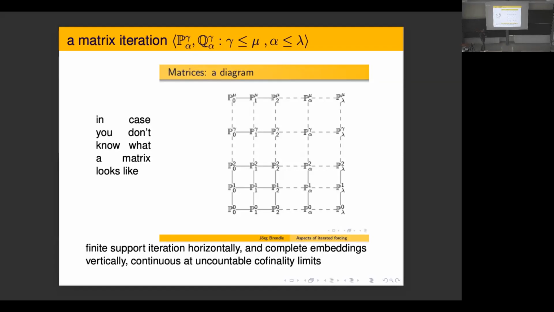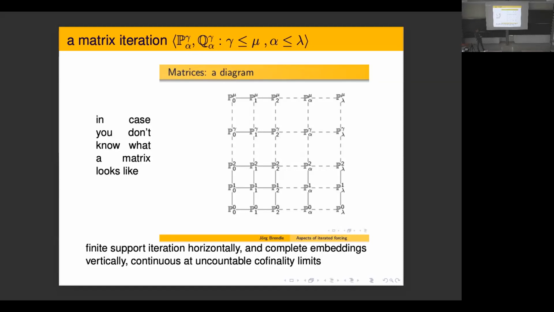And the picture gets interesting when you're at, suppose, lambda. And by the way, you don't have to have a right-hand column, because that's going to be problematic. In a matrix iteration, your right-hand column is automatic. If you're at a limit ordinal, you just take the iteration along the rows, and that's what your poset is.